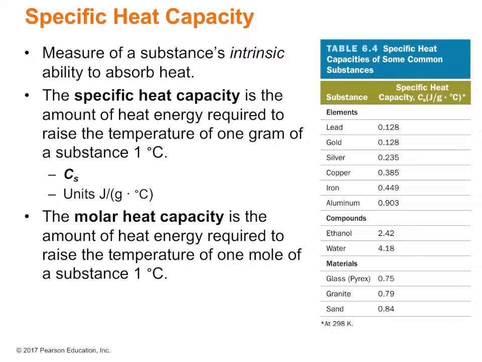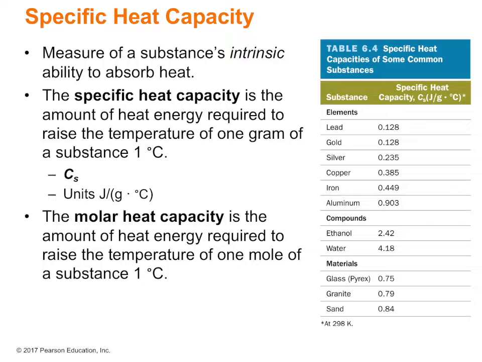Heat capacity is sometimes reported as molar heat capacity, the amount of heat required to raise the temperature of 1 mole, not necessarily 1 gram, of a substance by 1 degree Celsius. The units of molar capacity are joules per mole degrees Celsius. We can see from these definitions that specific heat capacity and molar heat capacity are intensive properties. They depend on the kind of substance being heated, not the amount.